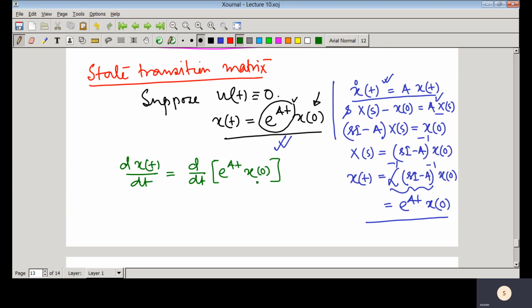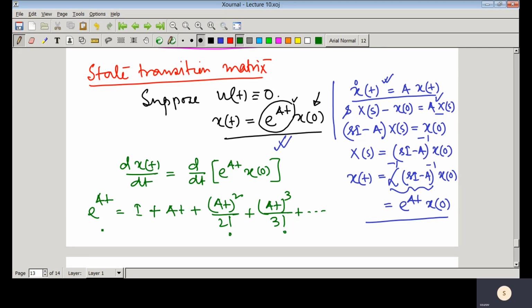And e to the power At is the exponential matrix, equal to I + At + (At) squared by factorial 2 and so on, just like the exponential. The only difference is that these are all matrices. So this is the exponential matrix.